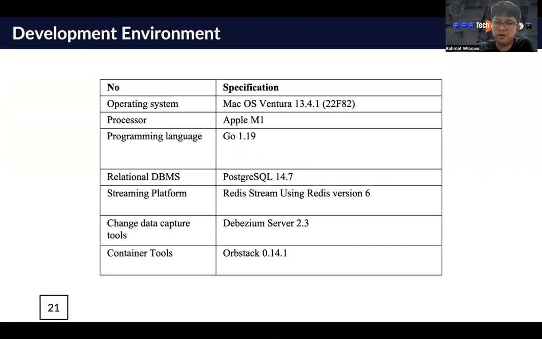For the streaming platform, I'm using Redis Stream, Redis version 6, and for the CDC tool, I use Debezium Server version 2.3. For the container tool, I'm using OrbStack because I think it is better to use OrbStack rather than Docker Desktop to use Docker on Mac.